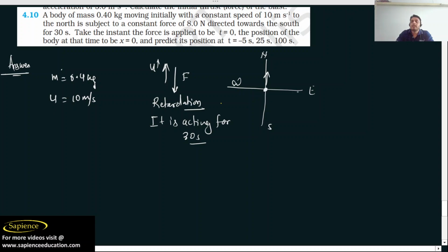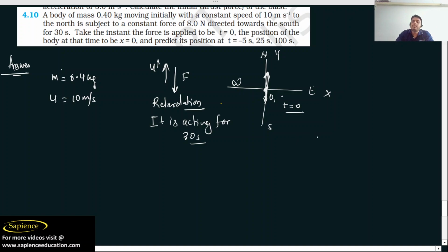So if I tell you this is your x axis and this is your y axis, so at x equal to 0, time is also 0, and at that time force starts being applied. Earlier it was going in this direction with the speed of 10 meter per second, but at the time force is applied for 30 seconds in the opposite direction. So what will happen to the object?